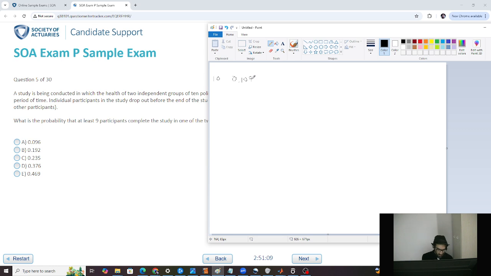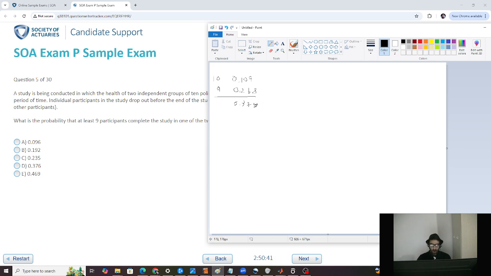For 9 staying in, 0.8 to the 9th times 0.2 times 10 for which people can drop out, 0.268. All told, probability of at least 9 in one group is going to be 0.375.